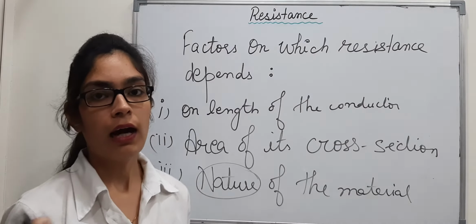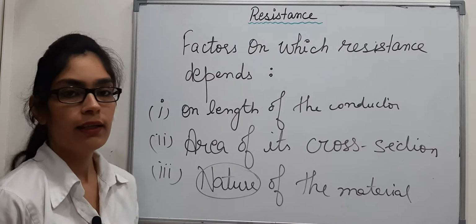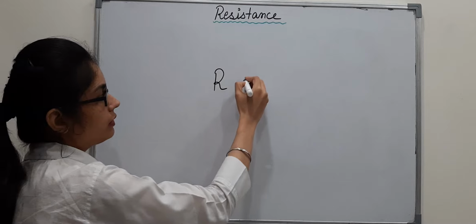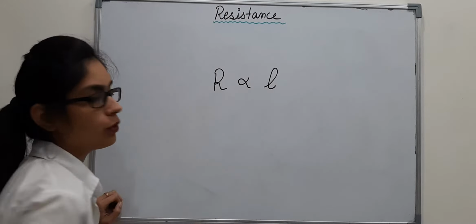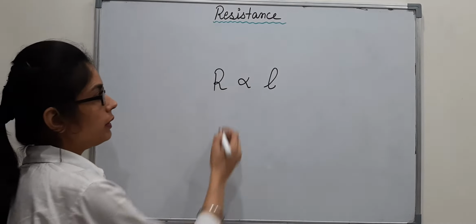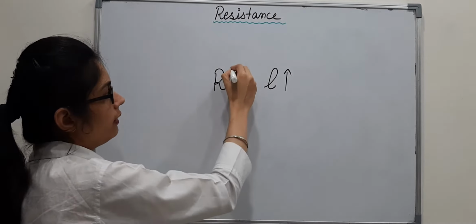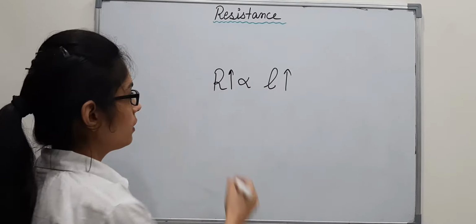Let's find out how it depends, or what the relation is. On length, resistance is directly proportional. Directly proportional means if the length of the conductor increases, its resistance will also increase.